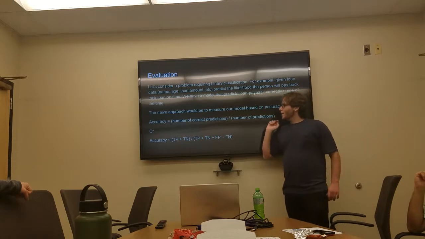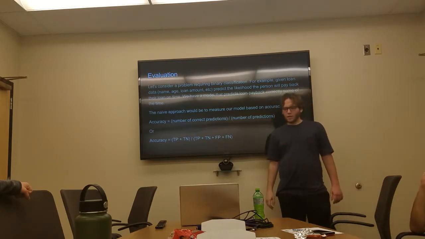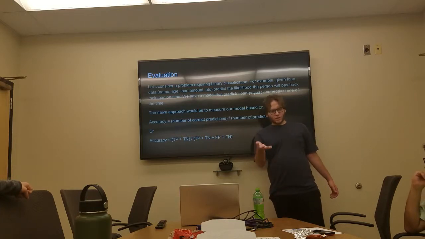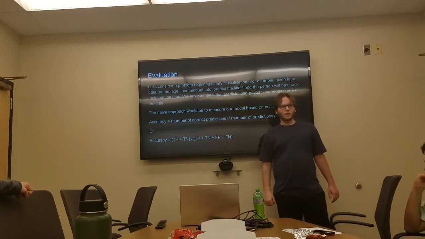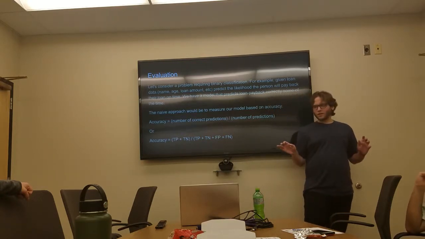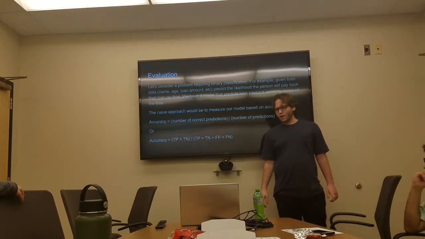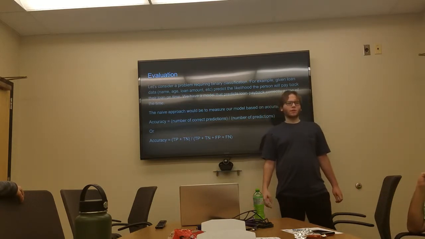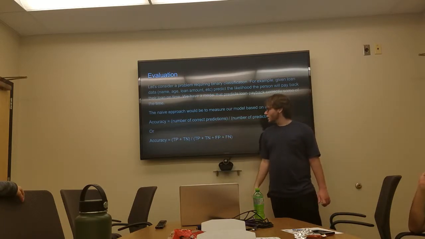All right. So naive approach, of course, is accuracy, which is, as you said, number of correct predictions over number of predictions total. And again, I'm not saying accuracy is bad. In certain situations, accuracy is a really good evaluation tactic. But let's look at it a little more closely. Specifically, let's break it up into this.